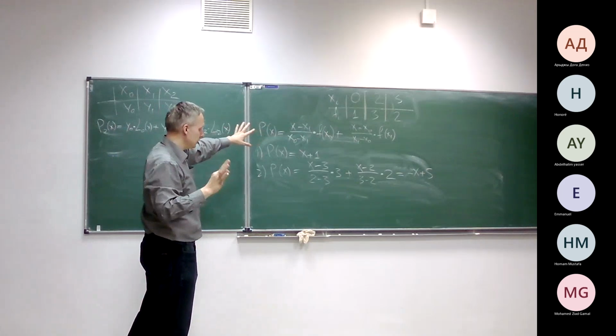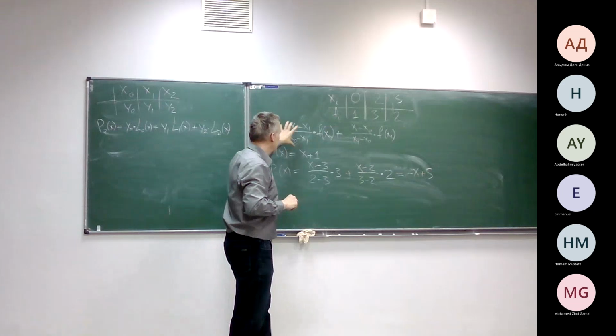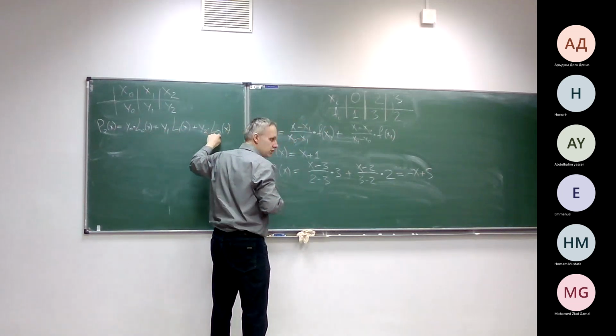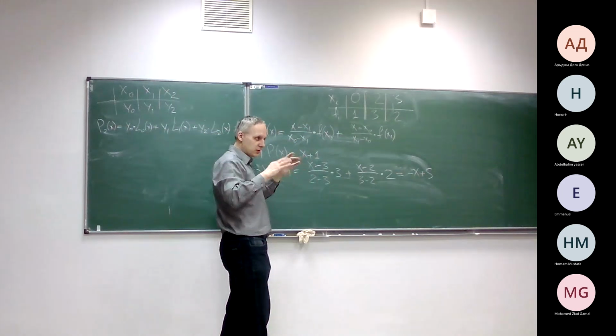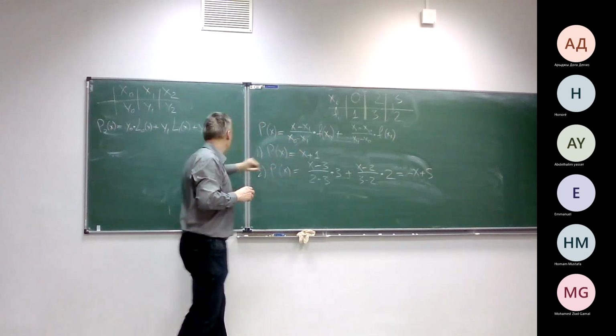The general form is more or less the same as for a polynomial of degree 1, but the polynomials L0, L1, and L2 are a little bit more complex in comparison with the polynomial of degree 1.